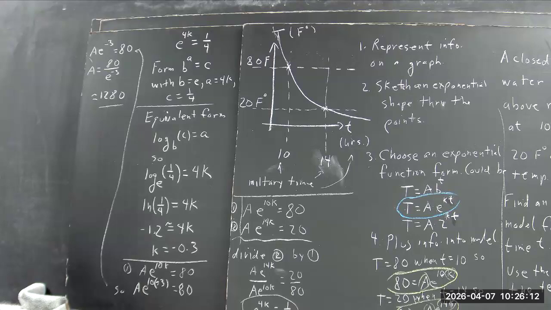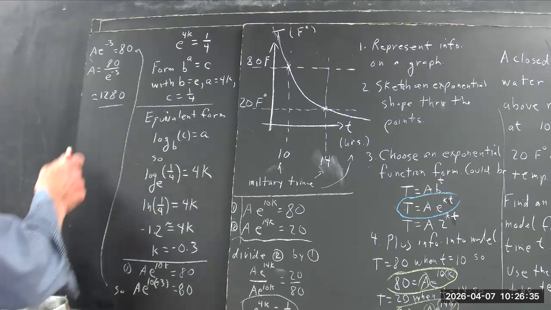Now, it turns out the half-life is about 2 hours, so you have 5 half-lives. With 5 half-lives, you're going to decrease the temperature by a factor of 32. Well, you can check it out. You can see if this model works.